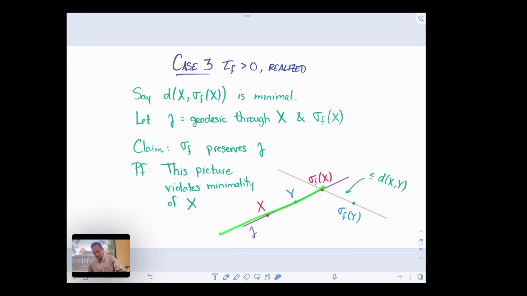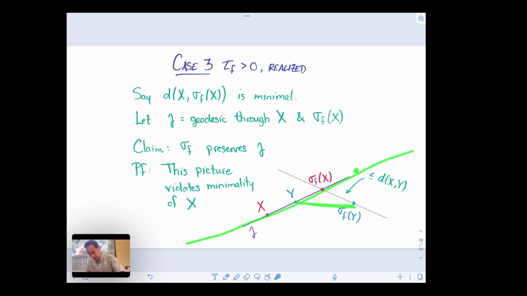So you show that this can't happen. You can't have that this point halfway between goes over here. It has to go over here. And what's the reason for that? Then this would be less than this, where you're assuming x realizes the infimum. And so if you have this bending, that's a contradiction by the minimality. And so it must be that σ(y) is here.